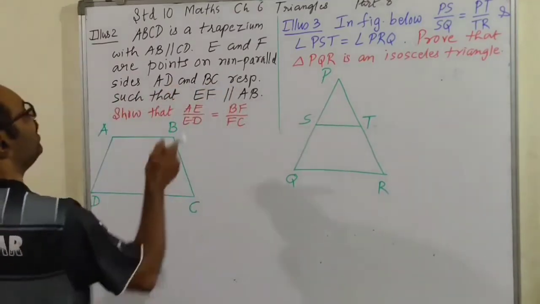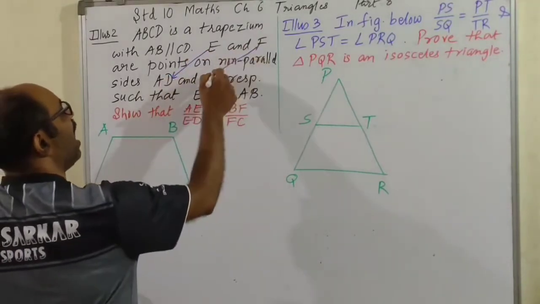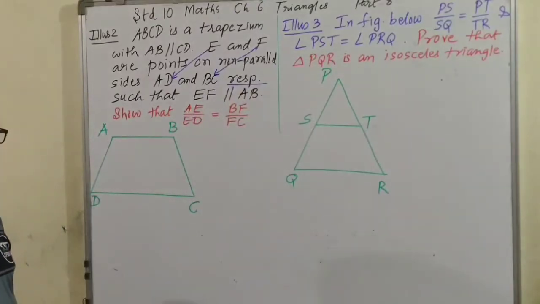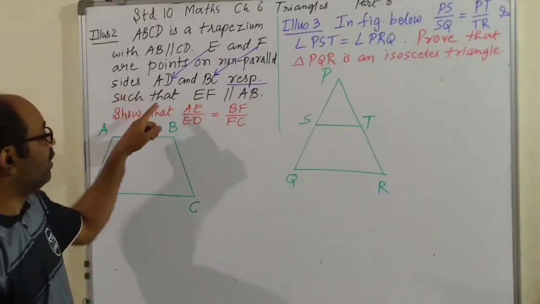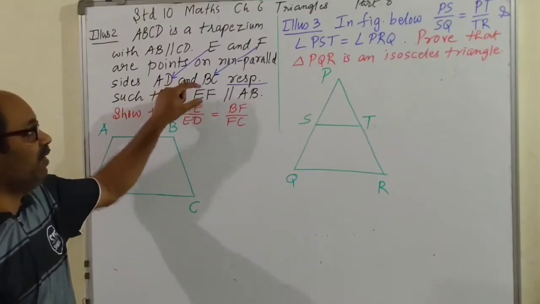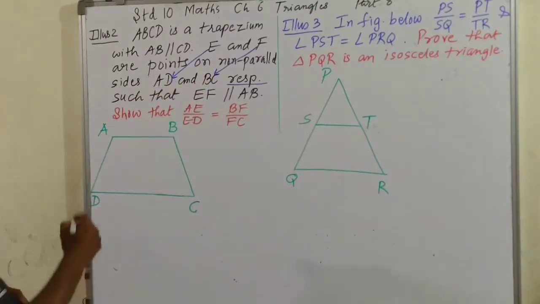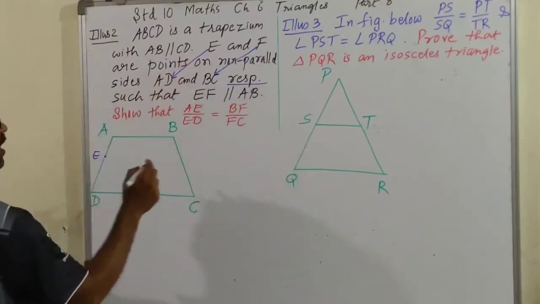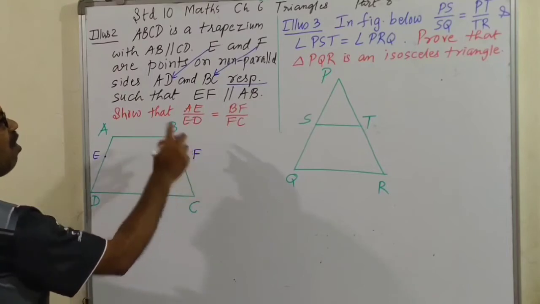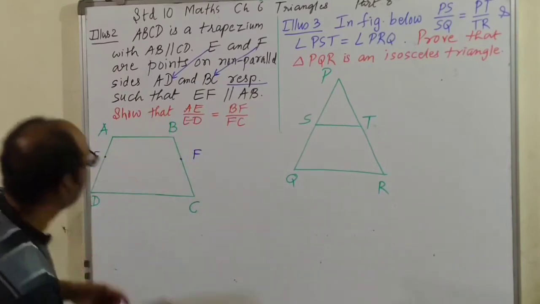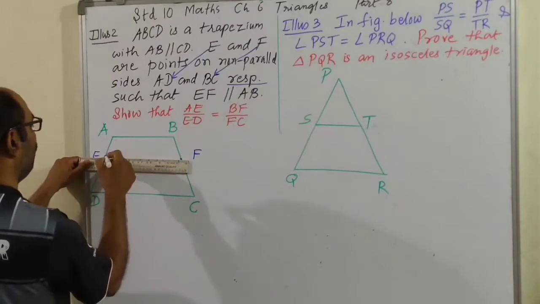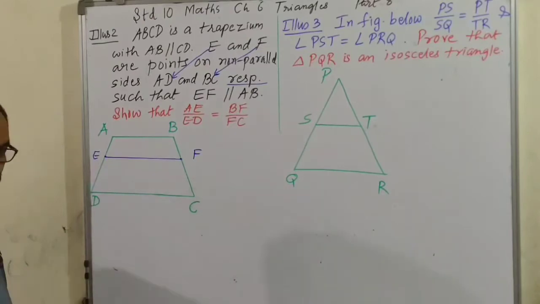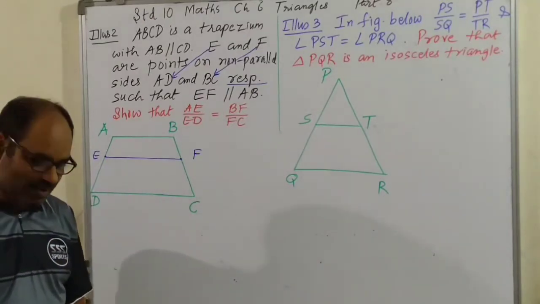Which means E is a point on AD and F is a point on BC, because of this word respectively. So let's take such that EF is parallel to AB. I'm taking this point E here on AD and F here on BC such that this EF is parallel to AB. Is that clear?